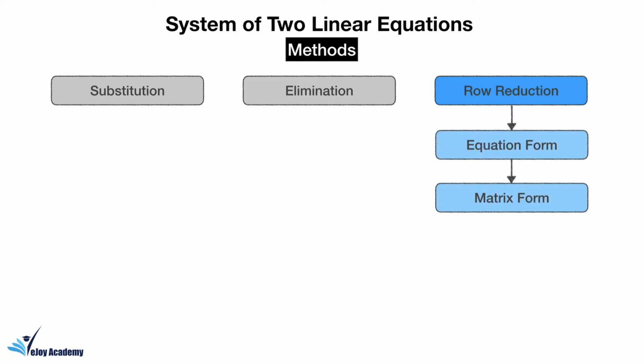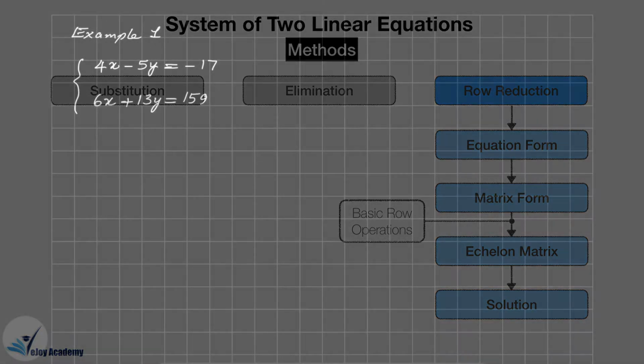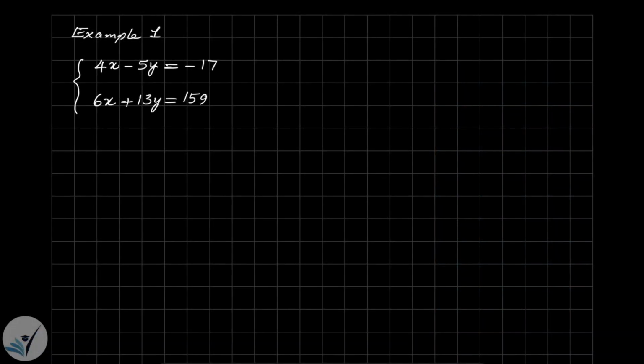For the row reduction, you start with equation form and transform it to a matrix form. Then you use basic row operations to transform the original matrix form to an echelon matrix form, and then from there you can get the solution of the system of equations. Now let's take a look at some examples. This is our first example. The first equation is 4x minus 5y equals negative 17, and the second equation is 6x plus 13y equals 159.